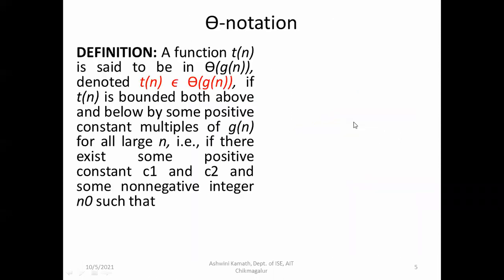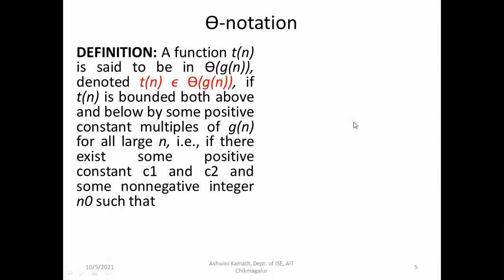And theta notation. The formal definition for the theta notation: a function T of n is said to be in theta of G of n, denoted T of n belongs to theta of G of n, if T of n is bounded both above and below by some positive constant multiples of G of n for all large n.